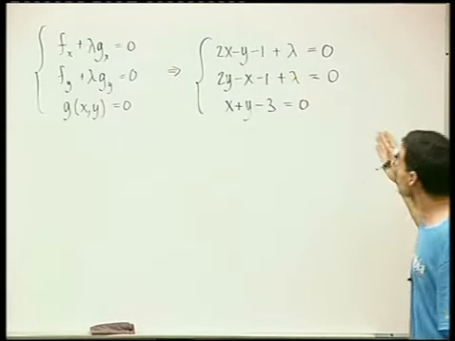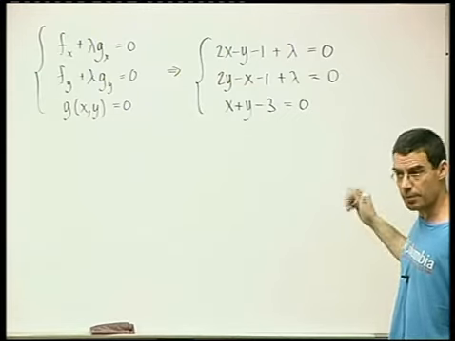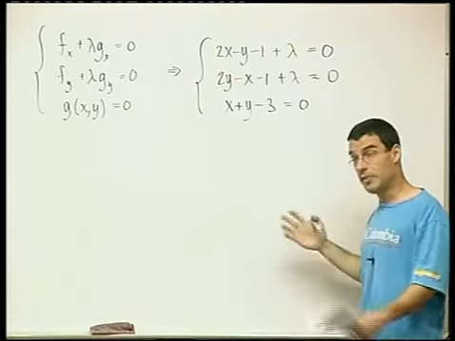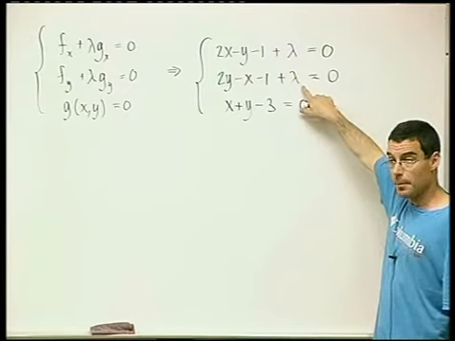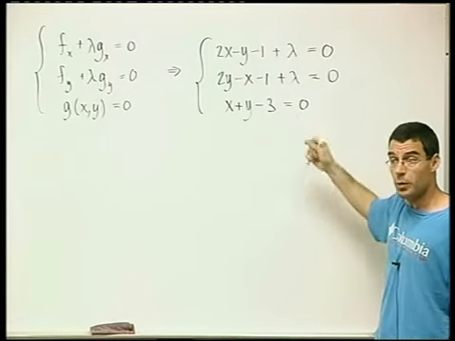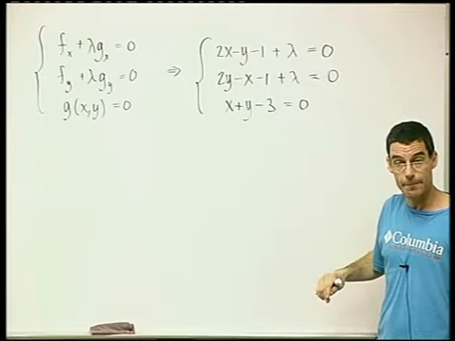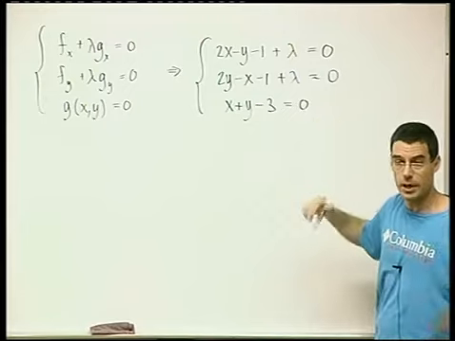Do you see 3 variables, 3 equations? X, y, and lambda, 3 equations. Solving it, you can do in whatever way you like again. You could find lambda, but that's the only thing we don't care about. We only want x and y that satisfy these 3 equations. Sometimes en route we'll find lambda as well, and sometimes not.